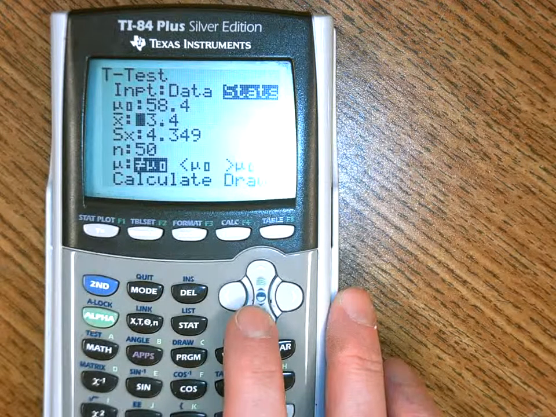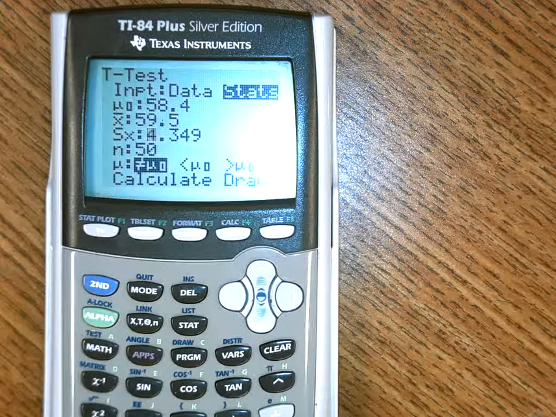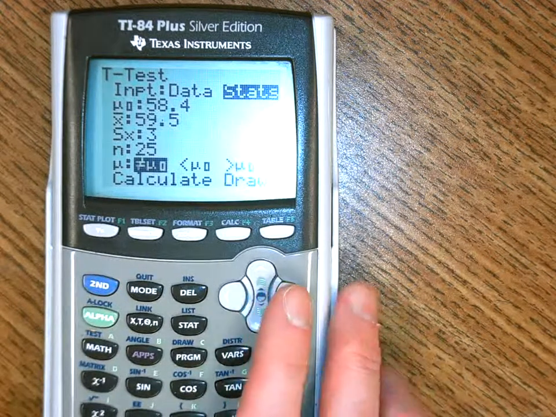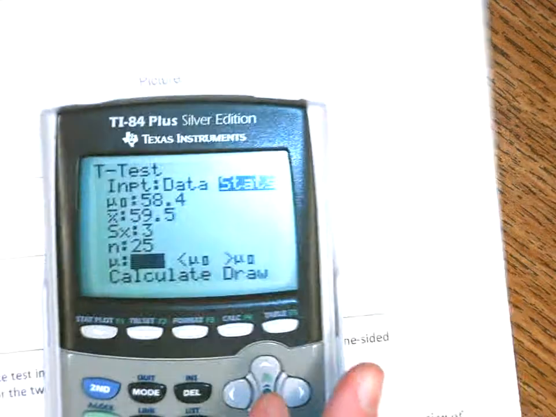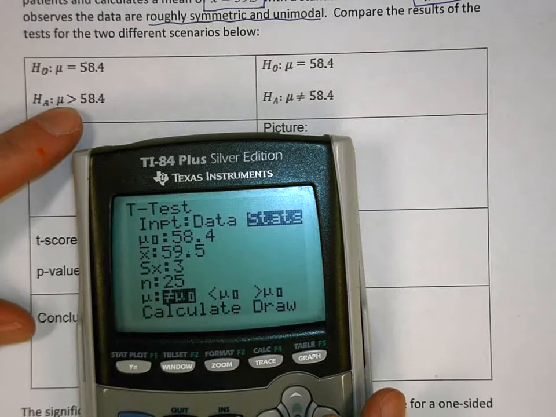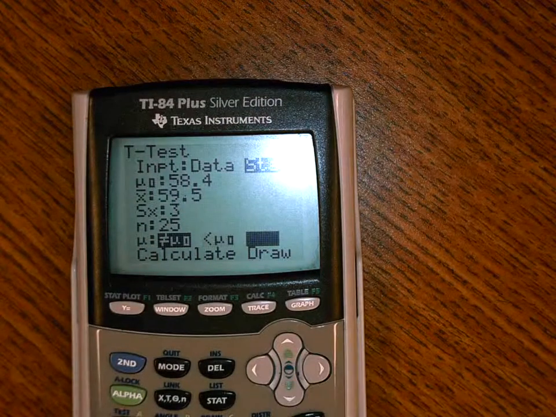Your x bar in this case was 59.5, and the s sub x was 3. We have a sample size of 25, and when I pick the bottom part, it's exactly how it's written in my HA. It's pointing to the right, so I should select the one pointing to the right.